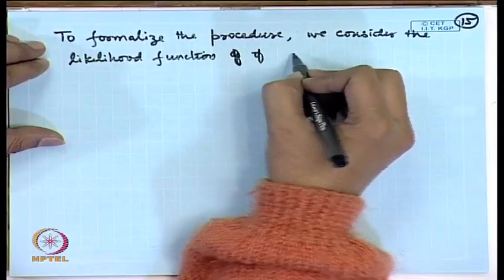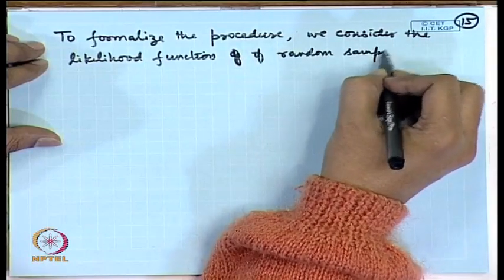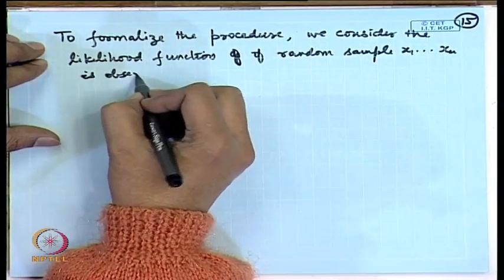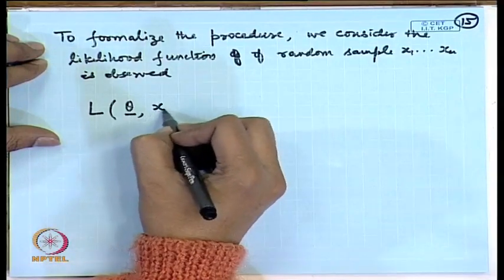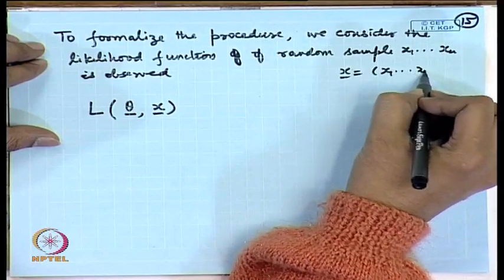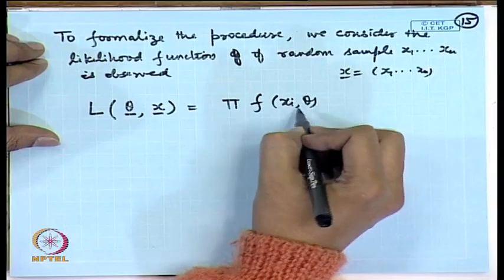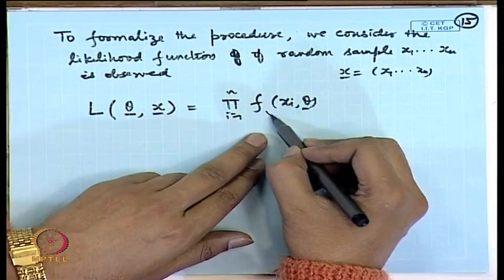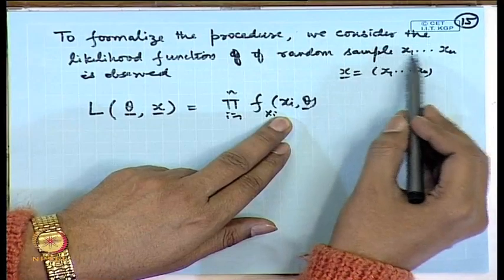So, if a random sample, say x 1, x 2, x n, is observed, then the likelihood function, which is actually a function of theta and of course x also, where x is x 1, x 2, x n, is actually the joint density function of x 1, x 2, x n. So, it is evaluated at the points x 1, x 2, x n, which are the observed values.